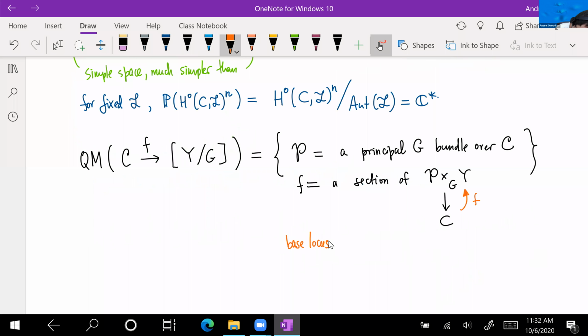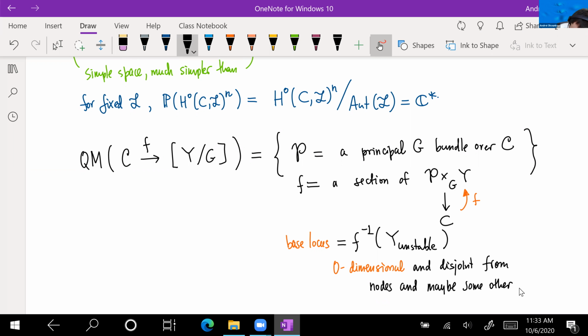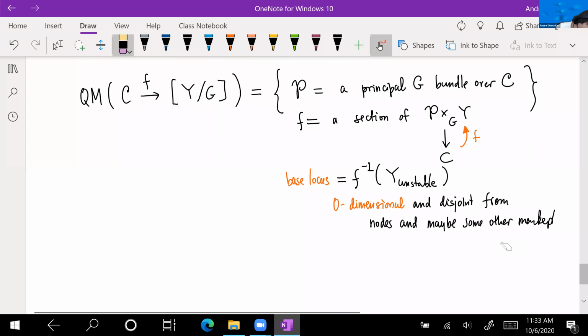So this is zero dimensional, finitely many, and disjoint from nodes and maybe some other marked points.